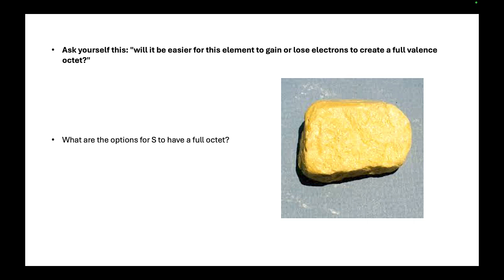Similar to what we saw with magnesium, we're then going to ask ourselves, is it going to be easier for this element to gain or lose electrons to create that full valence octet? And so we'll ask ourselves, what are the options for sulfur to have a full octet? Well, sulfur can either gain 2 electrons to become like argon or lose 6 to become like neon.